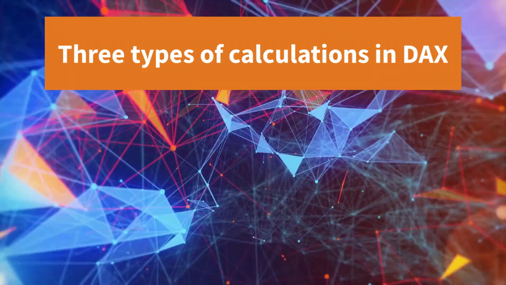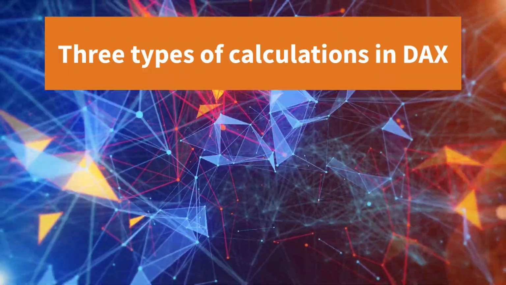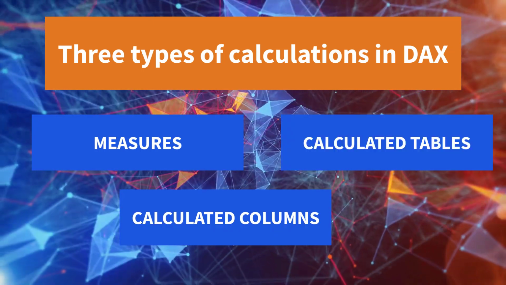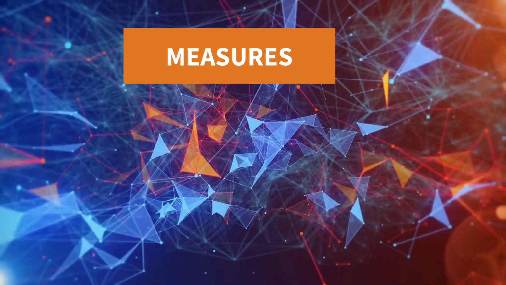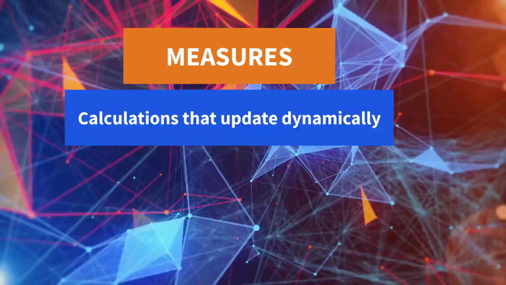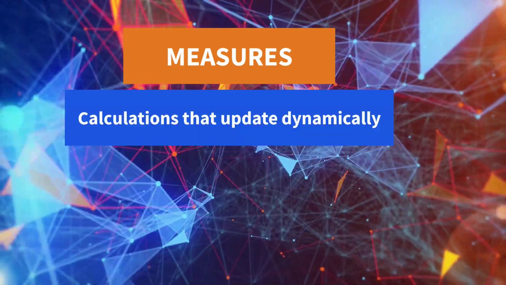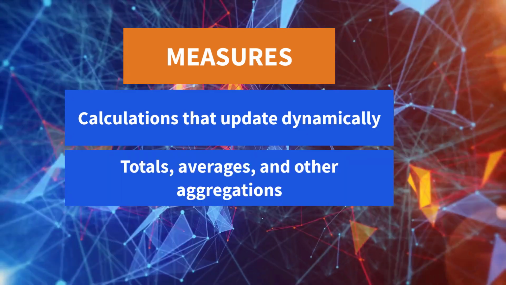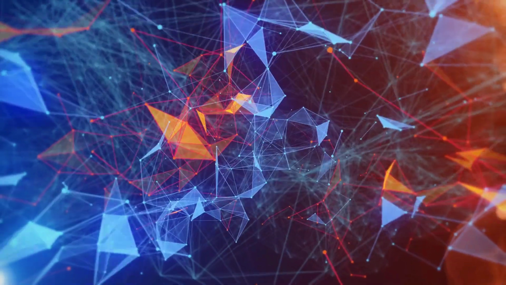There are three types of calculations you can perform in DAX: measures, calculated columns, and calculated tables. Measures are calculations that update dynamically based on the filters and context in your reports. You can use them for totals, averages, and other aggregations.